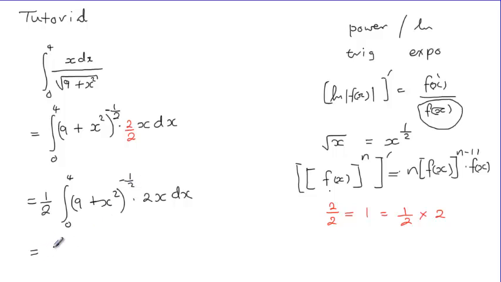So we get one half times 9 plus x squared, to the power n, which is minus half, plus 1, over minus half plus 1. Then we draw our line, from 0 to 4.